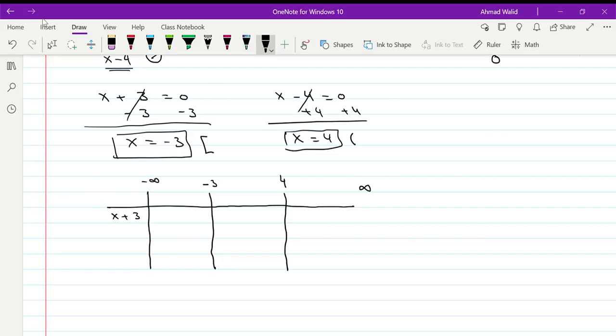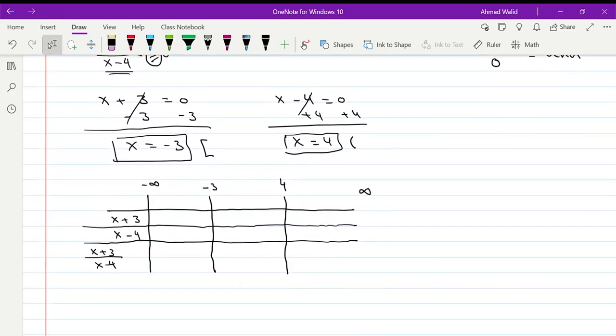Here, I'll put x minus 4. And in the last one, the quotient of them, not the product. When we are dealing with polynomials, you put the product, but here you put the quotient. X plus 3 over x minus 4, greater than or equal to 0.